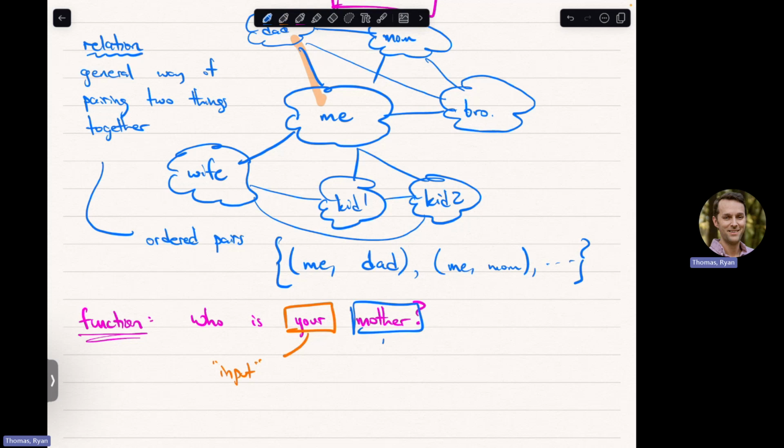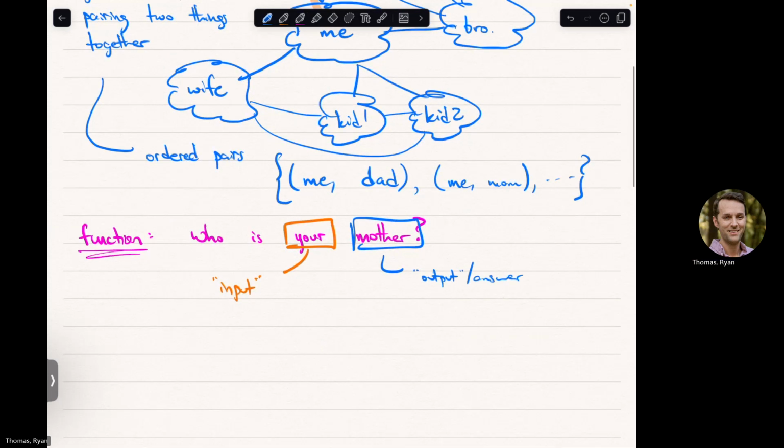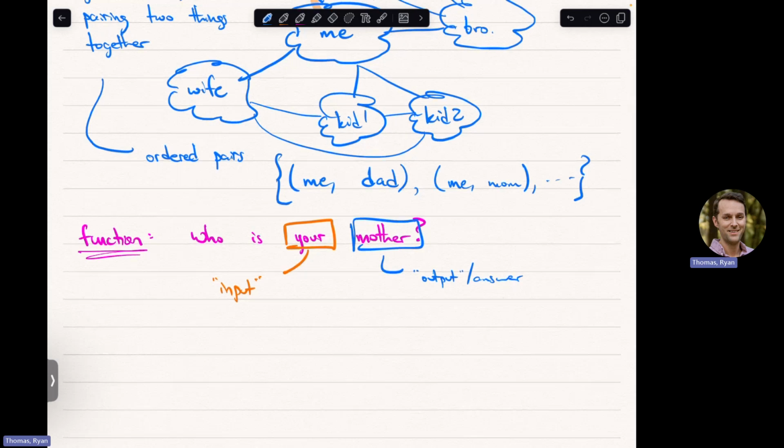And then what are we asking about? Think of that as the output. So to write this as an ordered pair, it might look something like that.